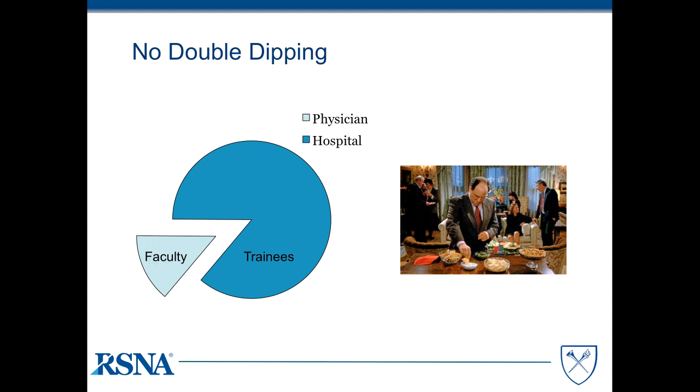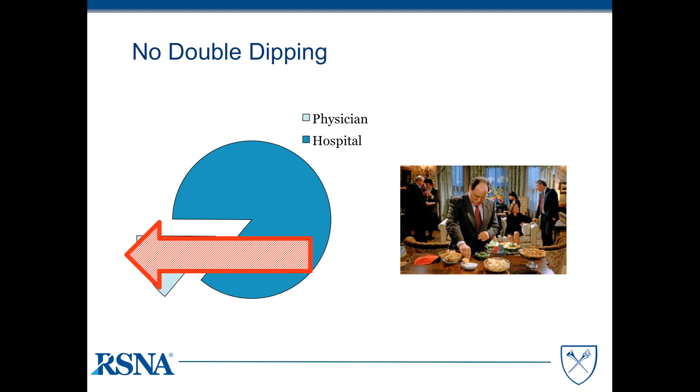The bottom line with all of this is that Medicare pays for my work as an attending and your work as a trainee out of different buckets of money. And like the old Seinfeld episode where George was caught double dipping, Medicare doesn't like double dipping as well, meaning they don't want to see funding from one bucket go to support the other.